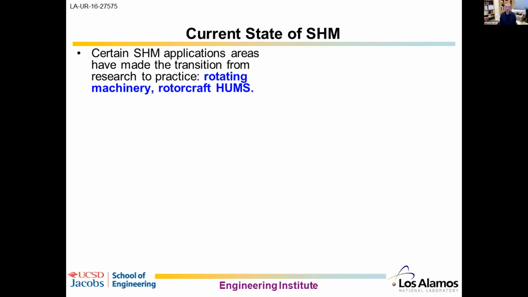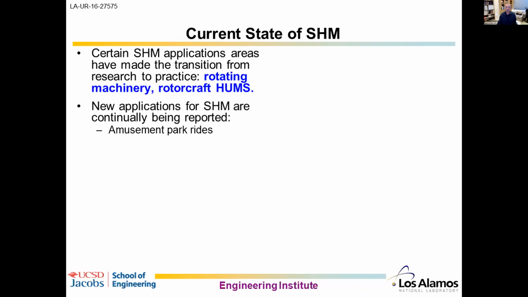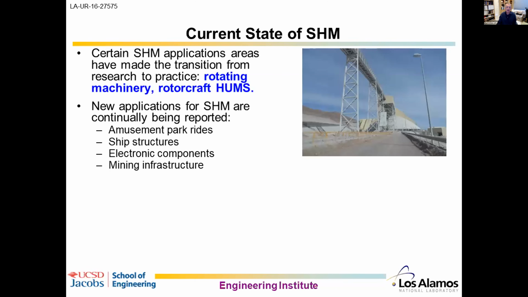Okay, which are closely related to rotating machinery monitoring. There's a lot of new applications for structural health monitoring that are continually being reported. And I've just given a laundry list here of different ones.